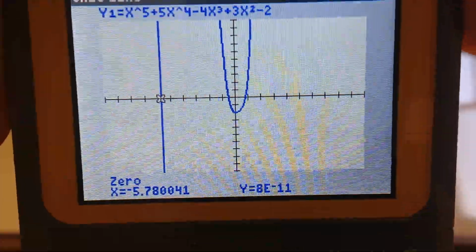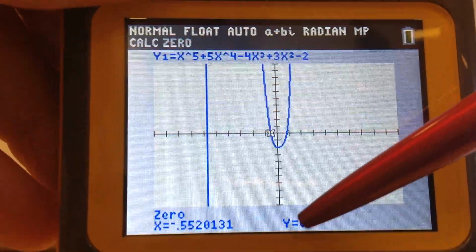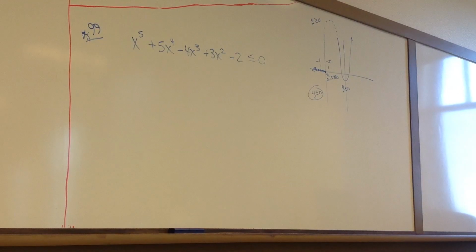Whereas when we find the other roots, let's see if I can quickly find one of these other roots here. Well, not so quickly. There it is. You can see it says y equals 0. So what's happening there? What was that root? -0.552. So let's go ahead and put that on the graph up there.